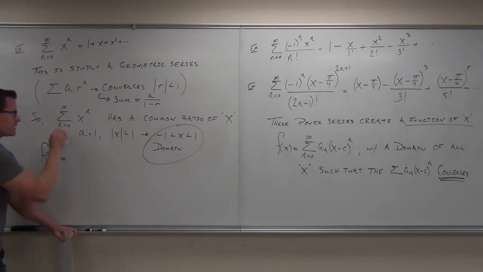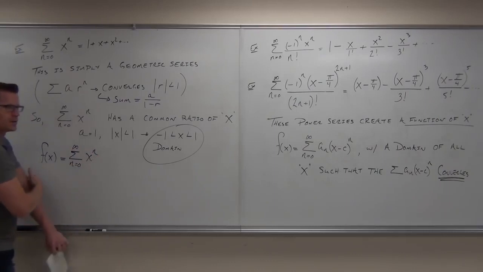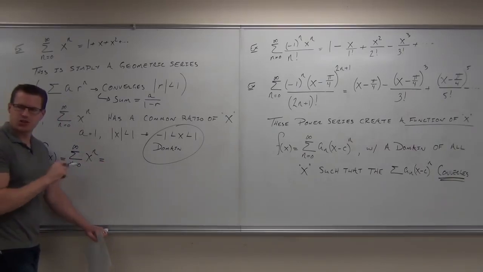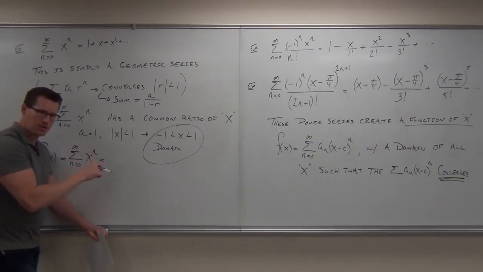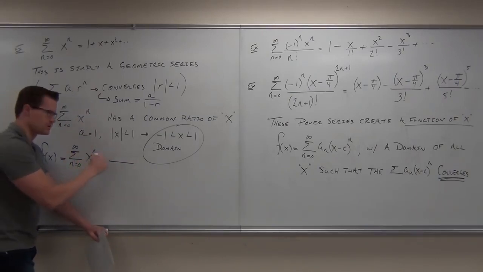Here's what this says. This says I have a function. This is a function of x. This function of x is geometric. If it's geometric, it will have a sum. The sum is defined to be a, how much is our a? 1.